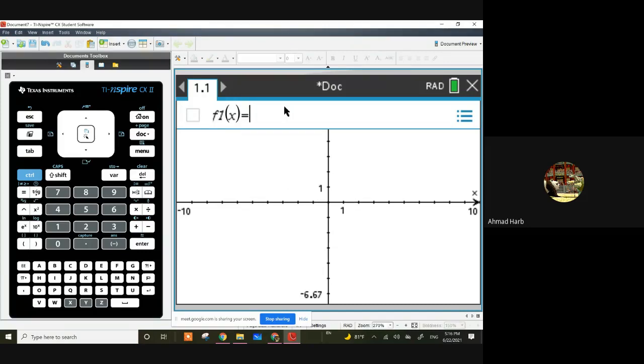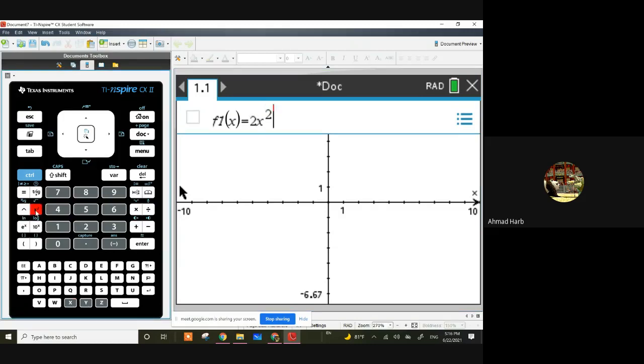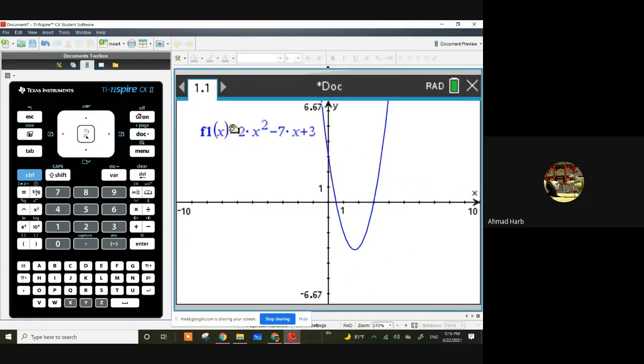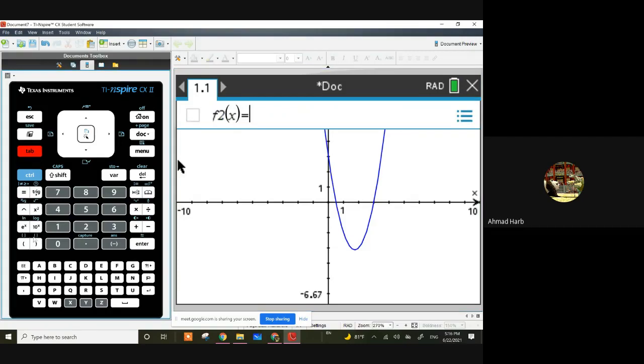The function is 2x squared minus 7x plus 3, and that is the function that is given to us. Now this is how the function looks. It's a quadratic, and you're going to press tab and put in the answers as they are.